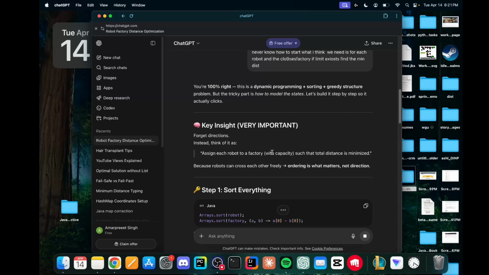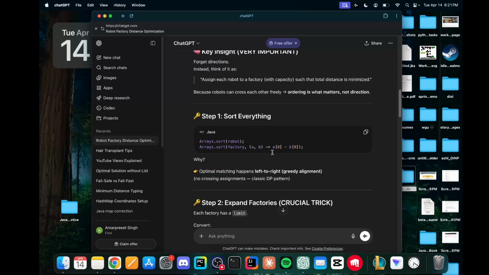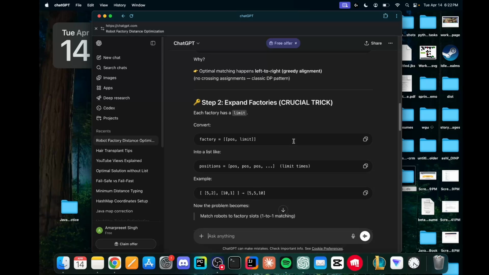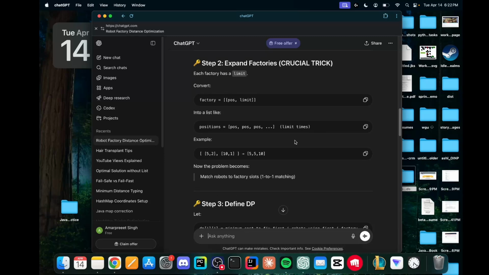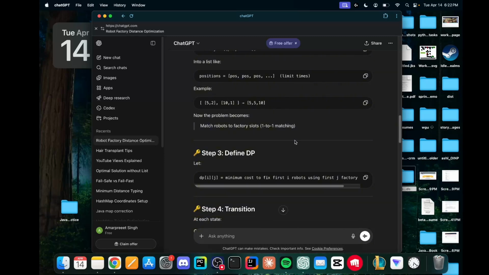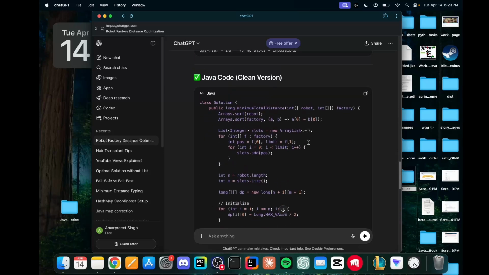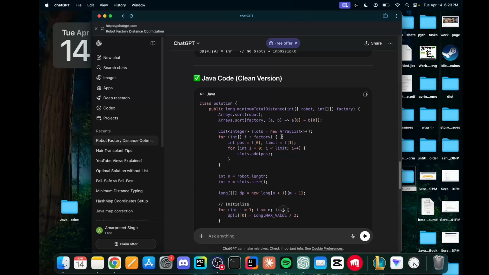Robots can cross over everything, including factories. Position and limit, like example 5 2 and 10 1, becomes 5 5 10. Match each robot to a factory slot, one to one. So let's think about what's happening here. Initially we sort both arrays into slots.